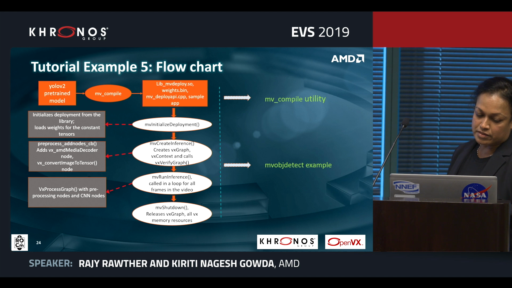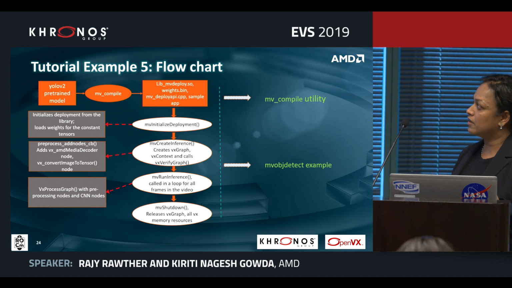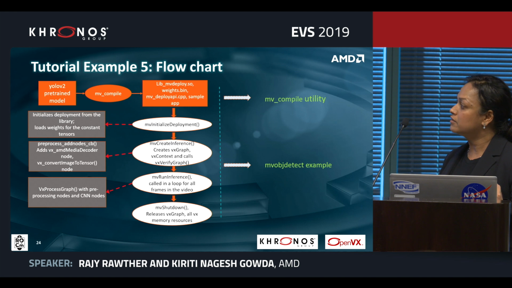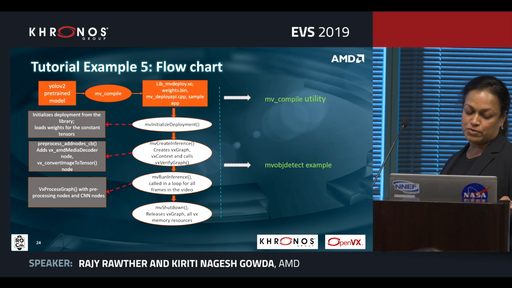Then it calls create inference, which creates the VX graph, the OpenVX graph context. It does a verify graph of all the inference. Then you can call run inference, and in this case, it loops through all the frames in the video. What run inference is doing is calling VX process graph.